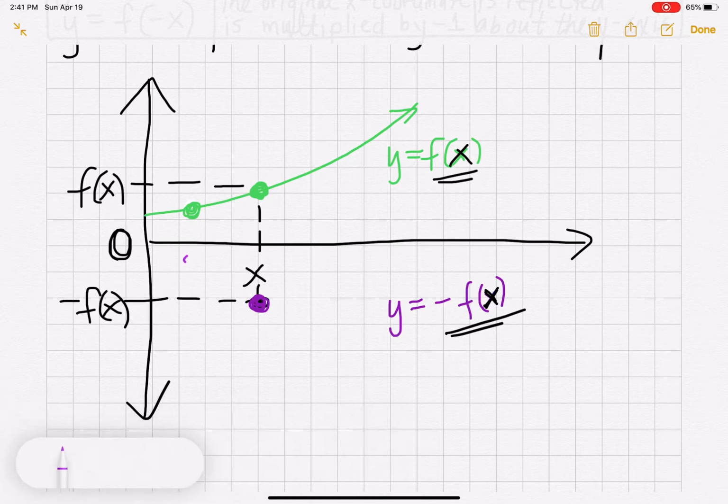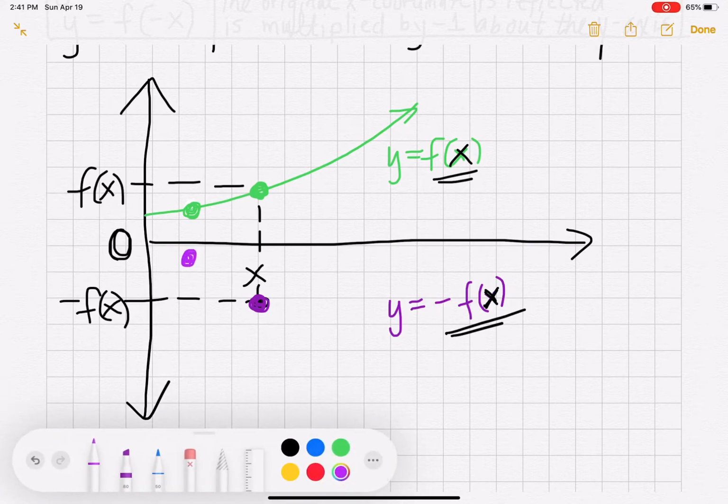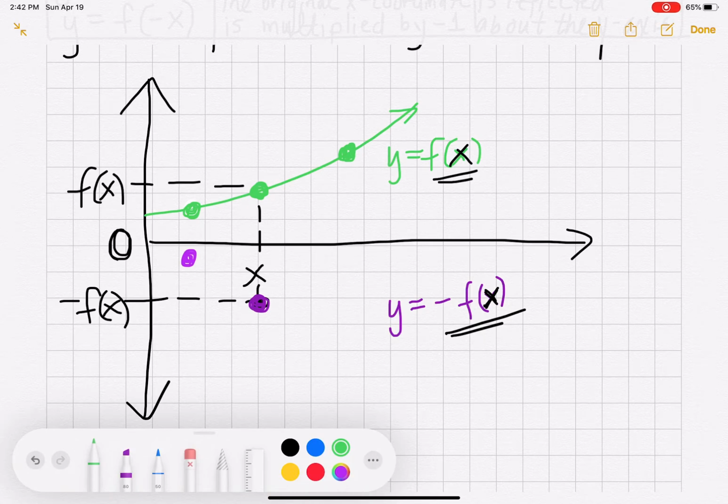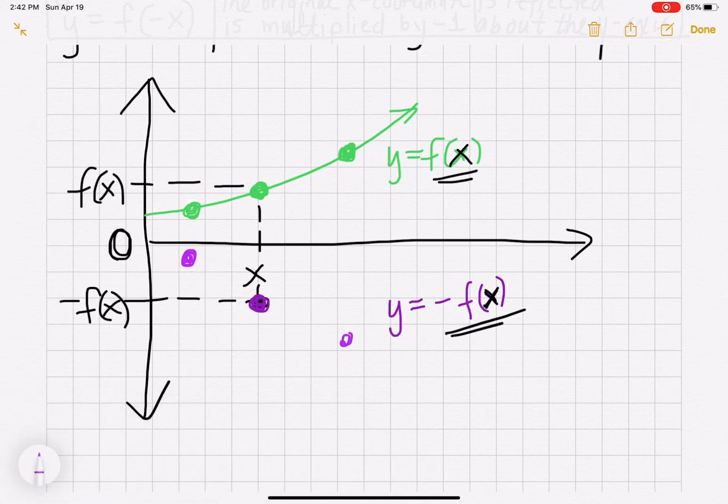If I took another green point up here to the upper right on the green graph, that would flip upside down as well by this logic. So it would be somewhere down over here, right? If you connect the purple dots, you get something like this. Now basically you get a mirror image about the x-axis. We call this a reflection about the x-axis.